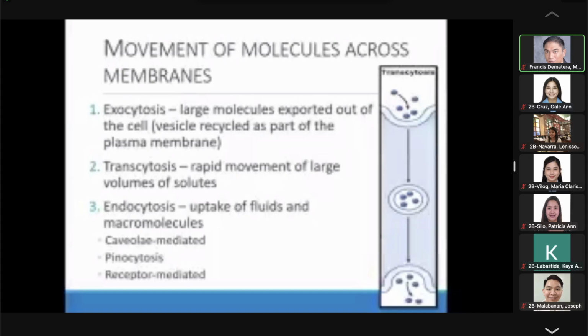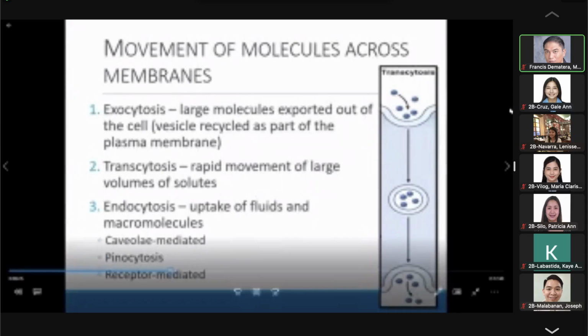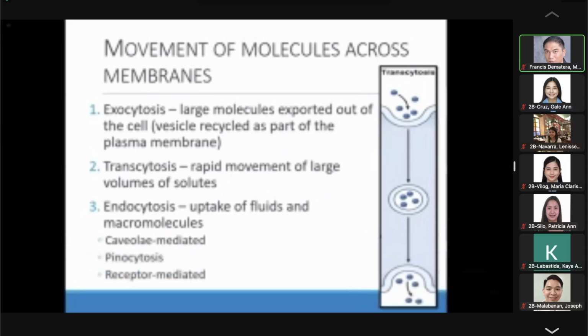In transcytosis, this is the rapid movement of large volumes of solutes, and the movement is between the apical and basolateral membranes across the epithelial barriers, such as in ingested immunoglobulin in maternal milk. And for endocytosis, this is the uptake of fluids and macromolecules.